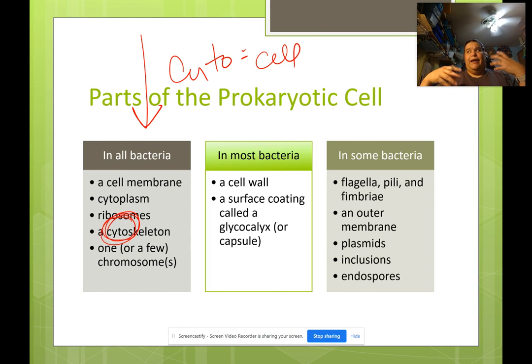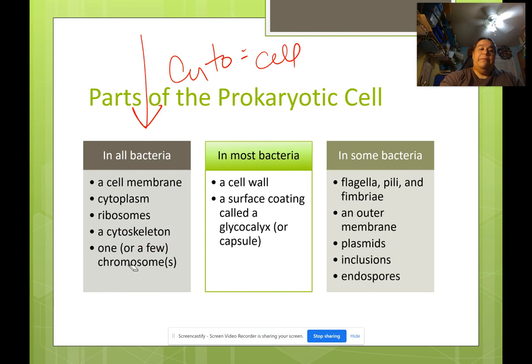Now, admittedly, it's not as hard as our bone. It's not made out of calcium phosphate or anything like that, but it does help it to maintain a shape, even if it's not as rigid as our internal skeleton. And finally, because it is a living thing, it has to have some type of genetic code. It has one or a few chromosomes.